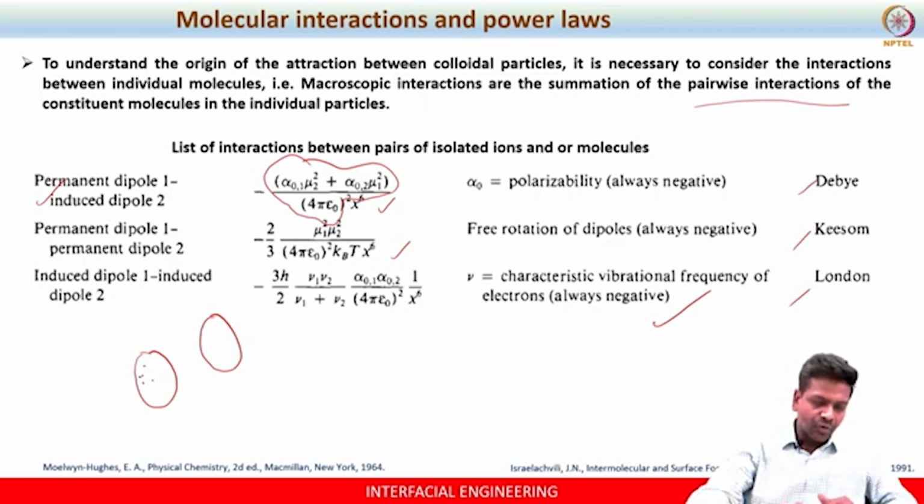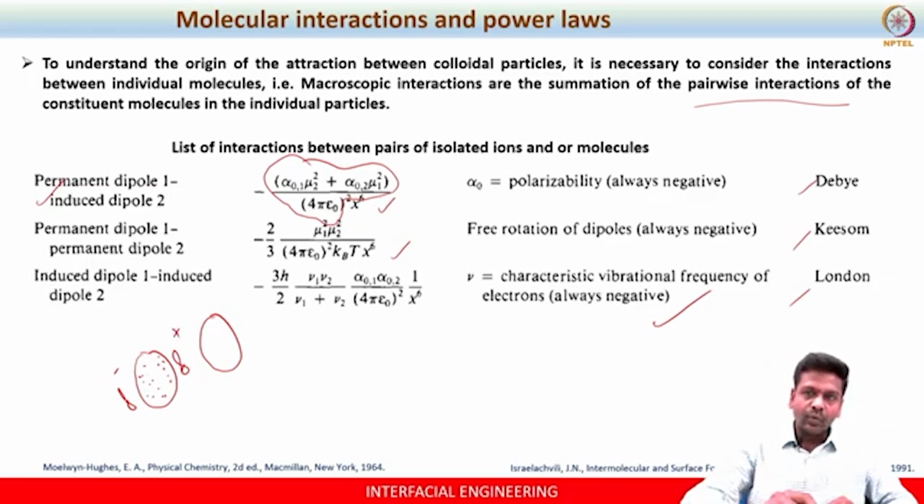In such a case, naturally this atom at one end will gain a net negative charge, and because of which it will gain a net positive charge on the other end.